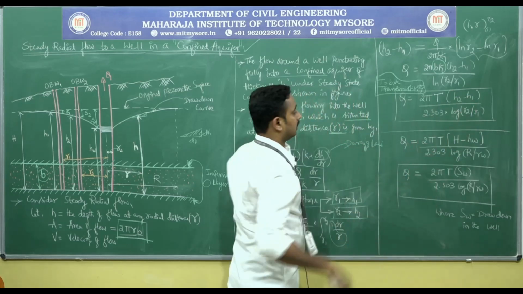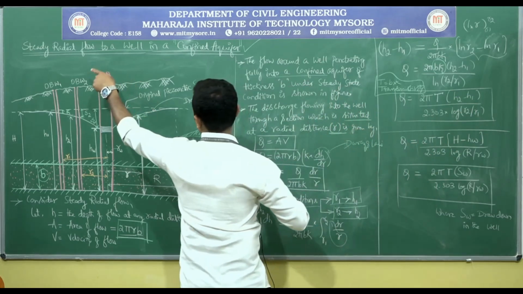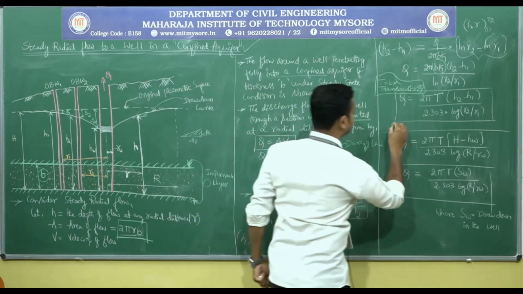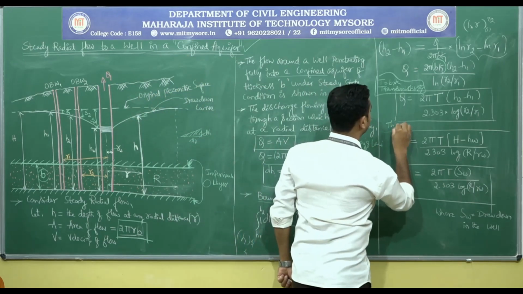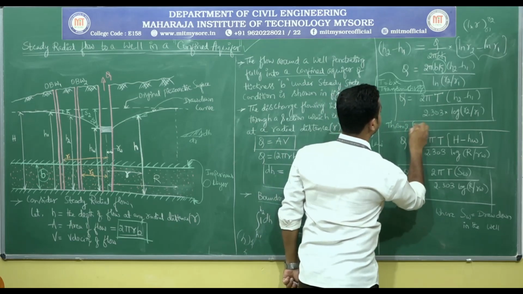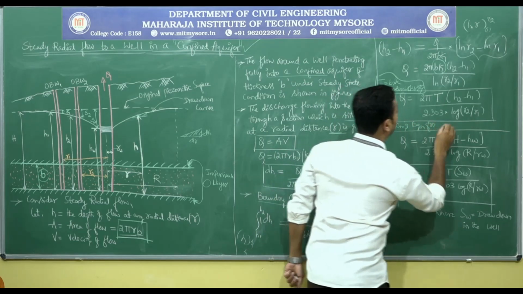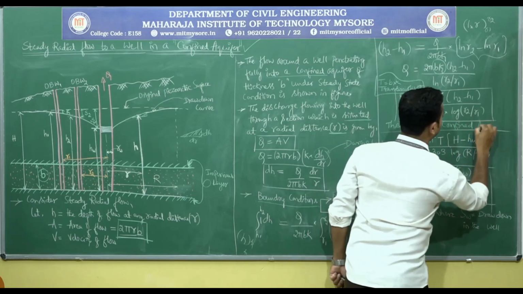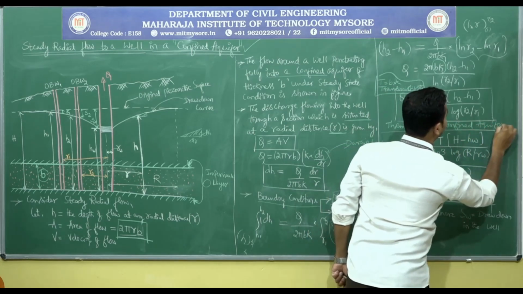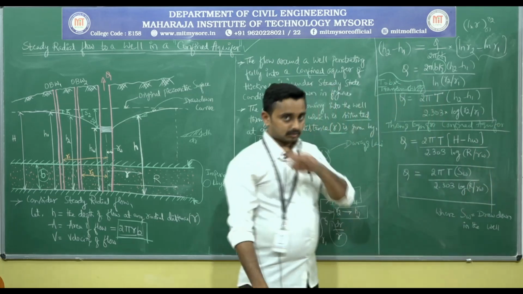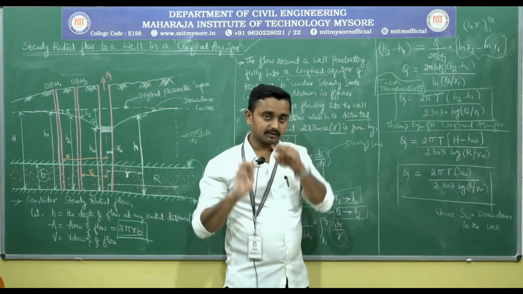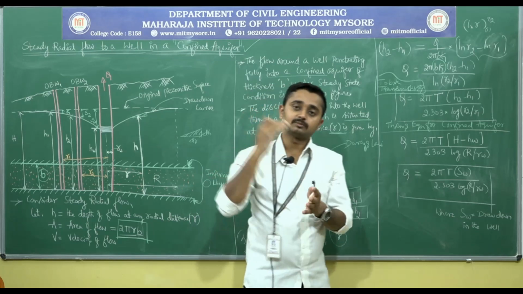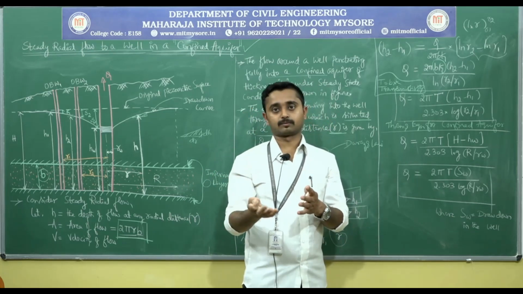This is steady radial flow to a well in a confined aquifer. Simply we can call this Thiem's equation for confined aquifer. Don't get confused. In the previous derivation we also said Thiem's equation; that is Thiem's equation for unconfined aquifer.